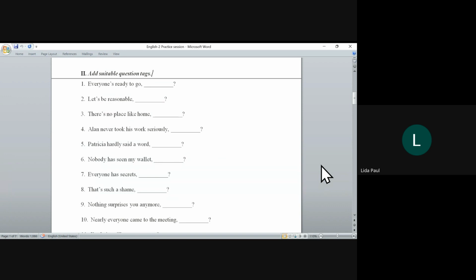Everyone has secrets. This is similar to the first one. But please pay attention to the tense you have here to choose the right auxiliary verb. Haven't they? Everyone has secrets. Haven't they? No. So, what do you notice?